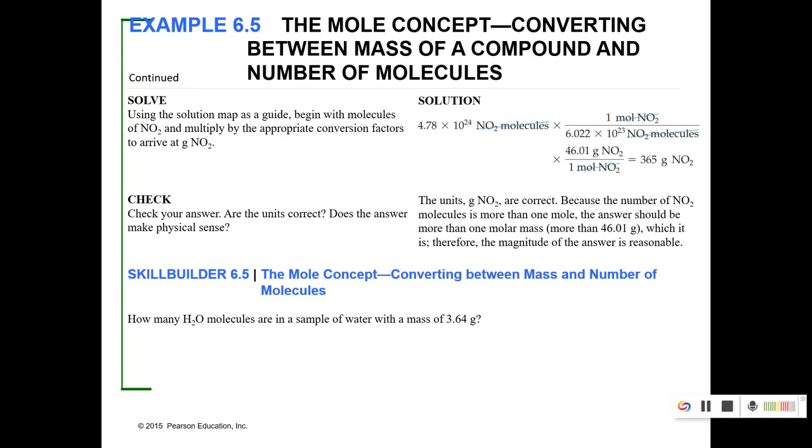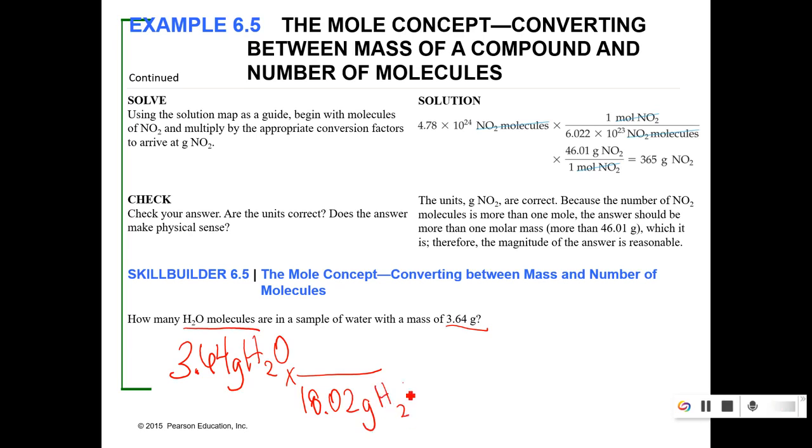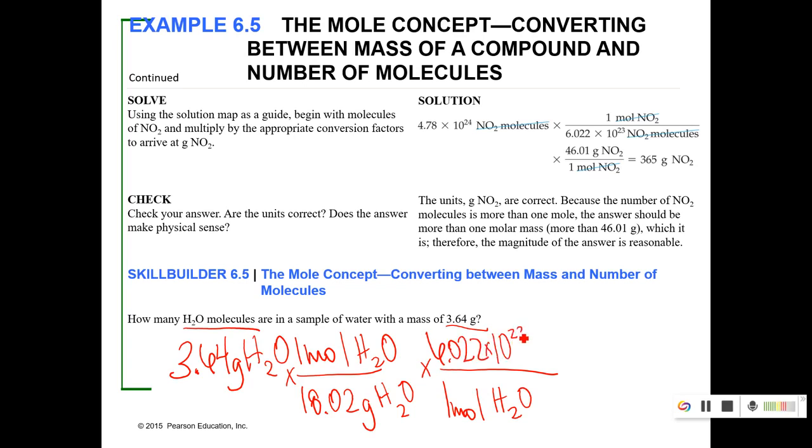And then we could go the other way as well, same as we were doing with elements. So I've got 3.64 grams of water. I've already found the molar mass of water to be 18.02 grams in 1 mole of water. And then in 1 mole of water, I have 6.022 times 10 to the 23 molecules.